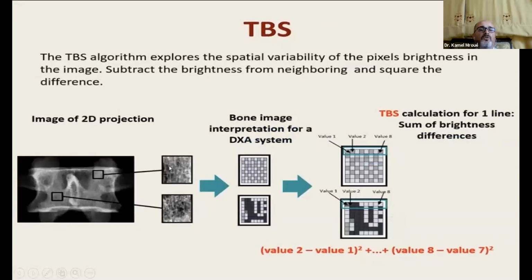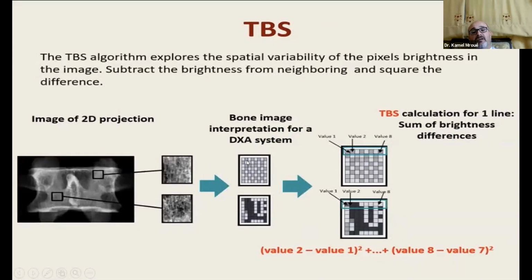The more differences you have, the more bone you have; the fewer differences, the less bone and more empty spaces. Look at these two squares, they are translated differently. Here we have more heterogeneous differences in brightness of these small squares. Here we have less heterogeneity.